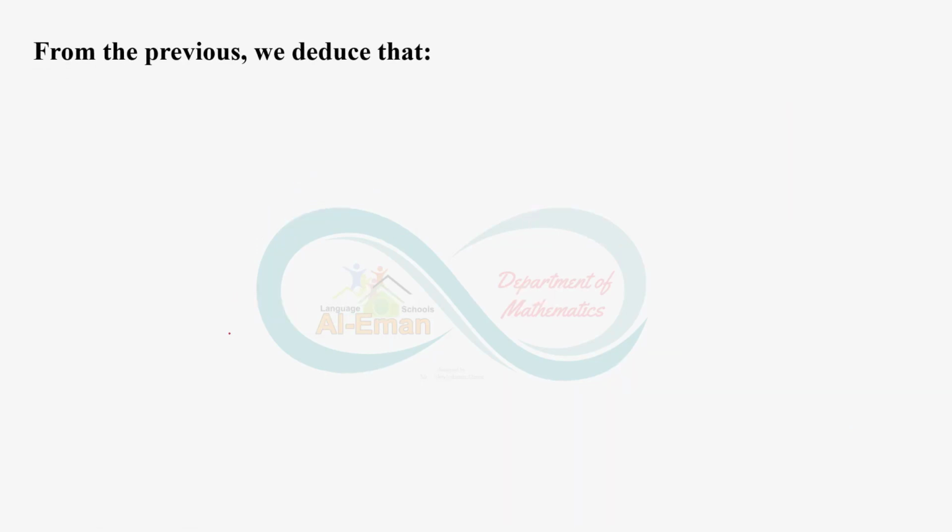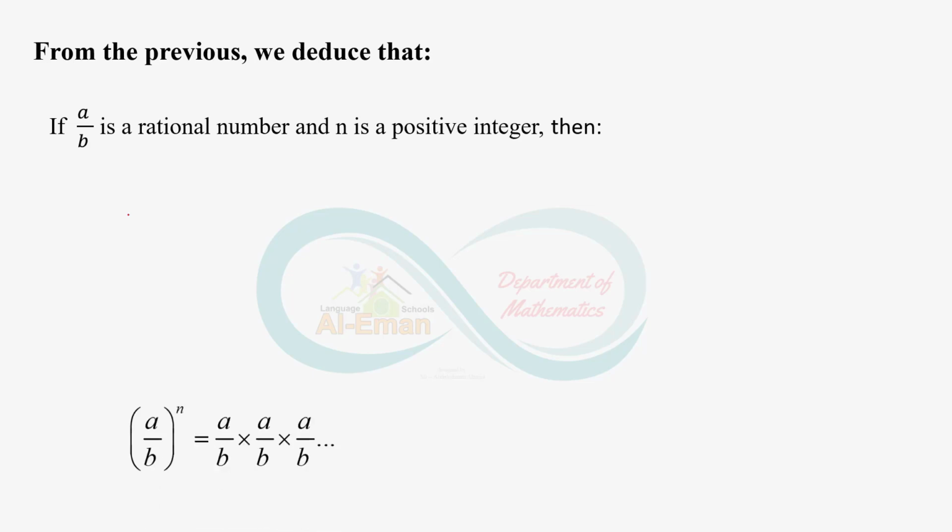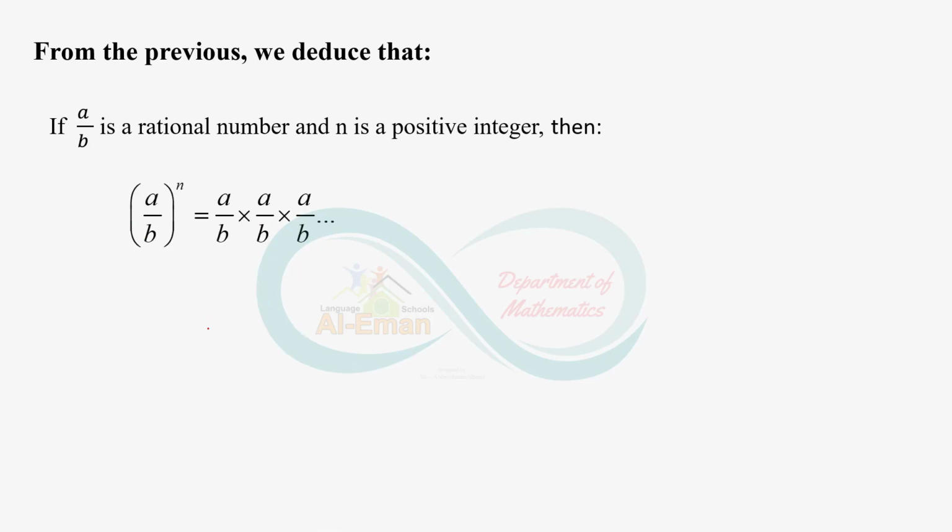From the previous, we deduced that if a over b is a rational number and n is a positive integer, then a over b all to the power n equals a over b times a over b times a over b, and so on, n times.